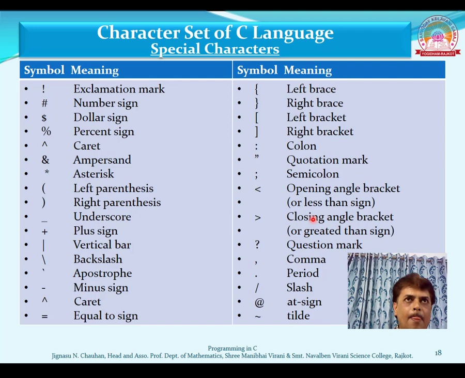It includes the exclamation mark, number sign, dollar sign, percent sign, caret, ampersand symbol, then asterisk sign, left parenthesis and right parenthesis, in other words brackets, round brackets, pair of round brackets, underscore, plus sign, vertical bar, backslash symbol, apostrophe symbol, minus sign, caret symbol, equal to sign.